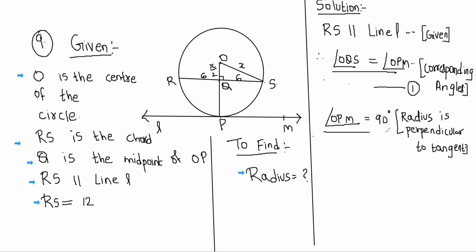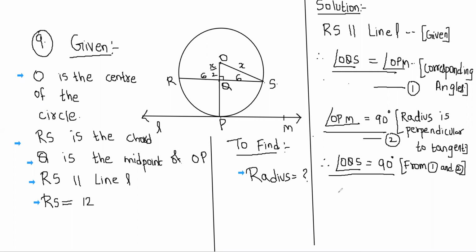Okay, this is equation 2. Angle OQS is equal to 90° in bracket reason from 1 and 2. So hence we have showed that OQ is perpendicular to RS, right?